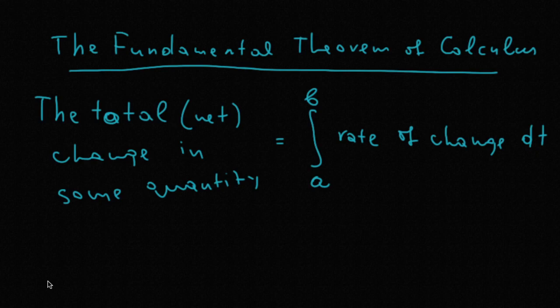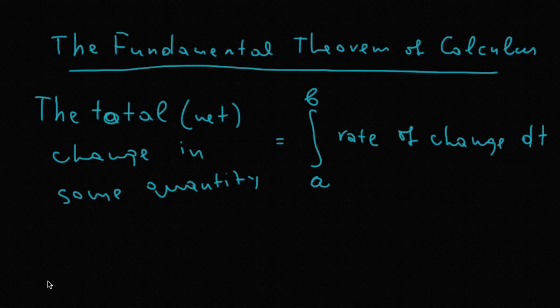If we have a quantity which is changing, and we know the rate of change of that quantity, then we can find the total or net change in that quantity as the integral from a to b, where a to b is our time interval over which we're measuring the change in our quantity, of the rate of change. So the total change in some quantity equals the integral of the rate of change.